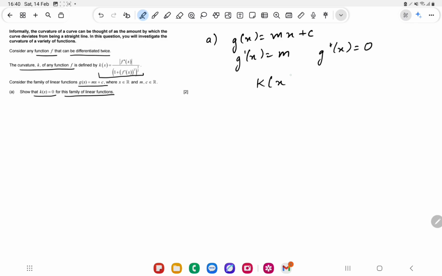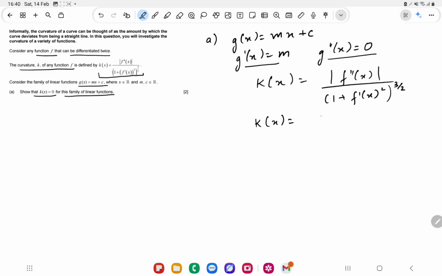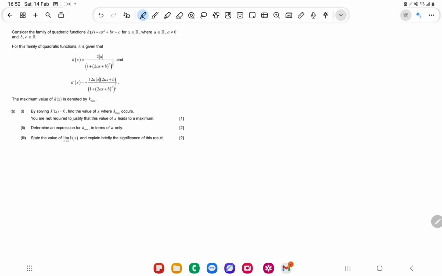I will be using my k(x) function, which is modulus of the double derivative upon 1 plus the single derivative squared, to the power 3 by 2. So I will substitute the single derivative as m and the double derivative as 0. So it is 0 upon 1 plus m square to the power 3 by 2, which is nothing but 0. So this is how I will show this answer.